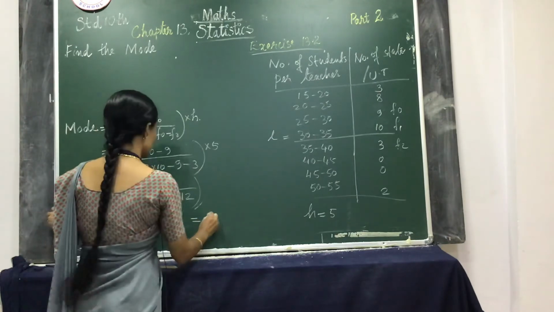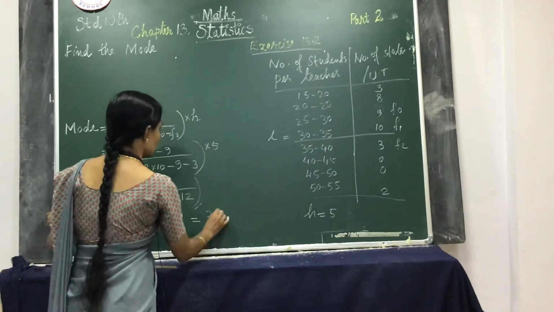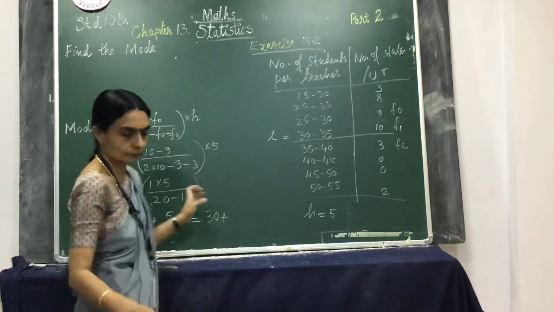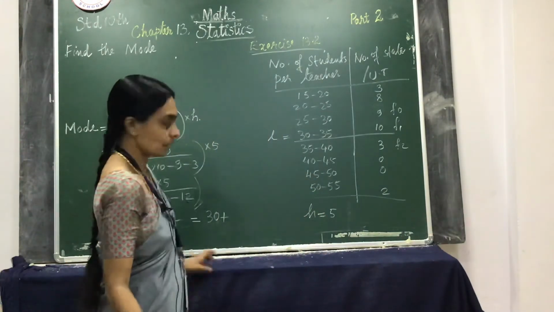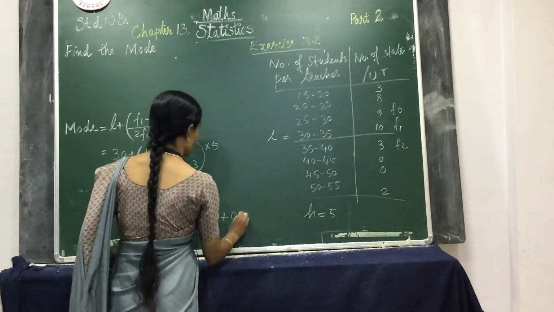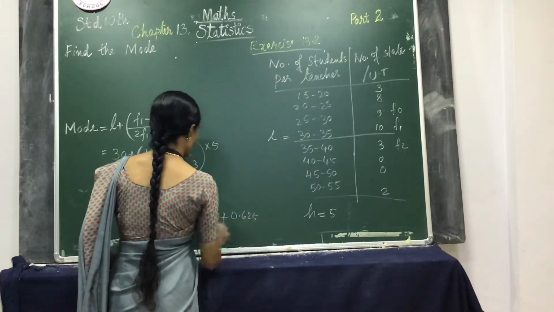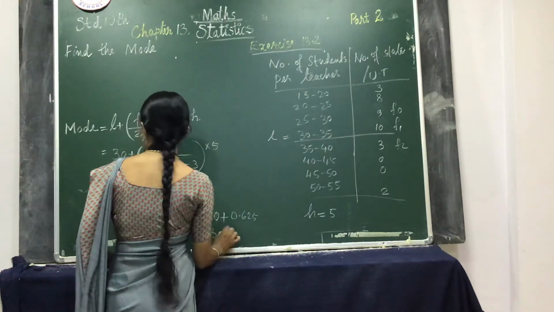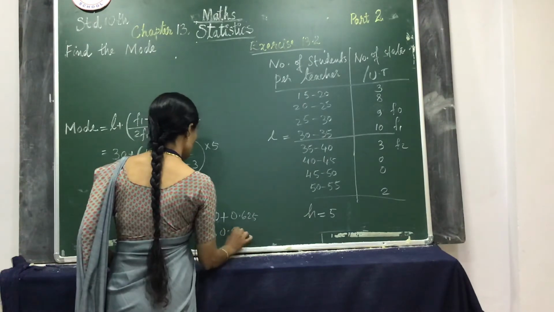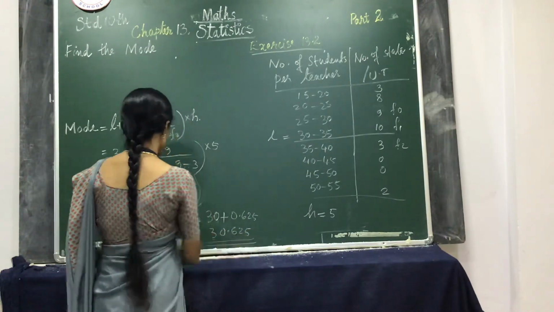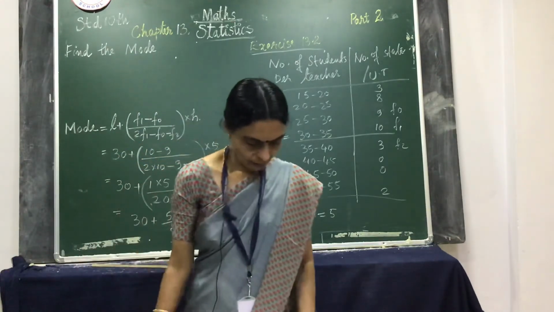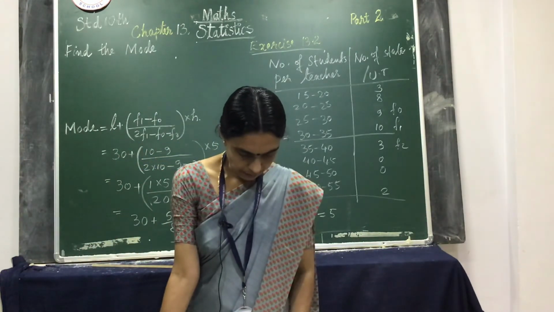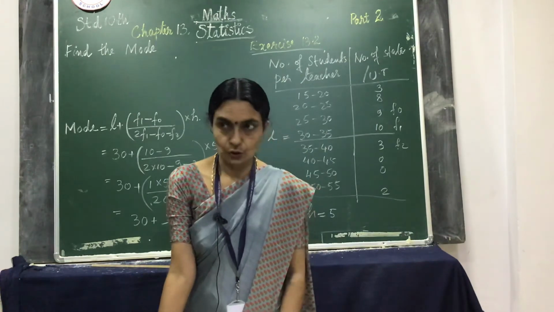Here we have 30 plus 0.625 is equal to 30.625. Here the data shows per teacher 30.625 students.